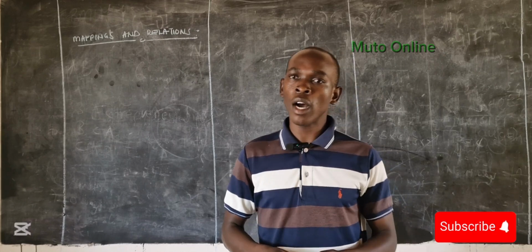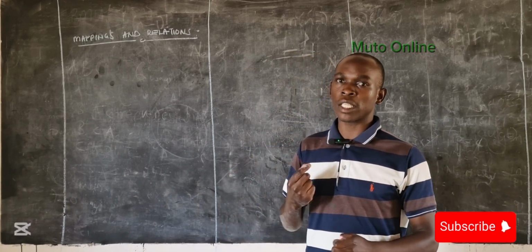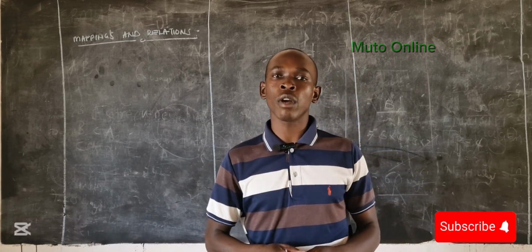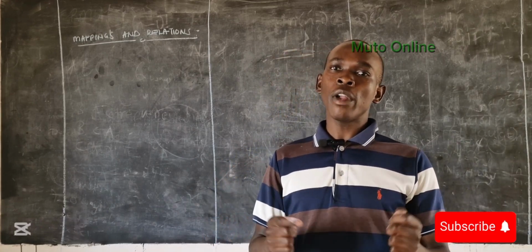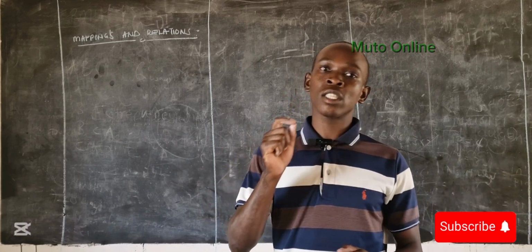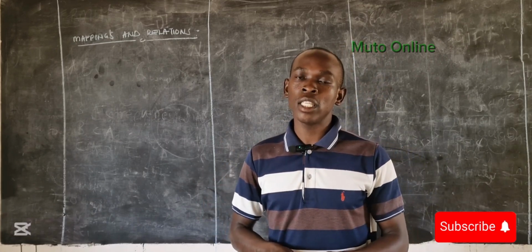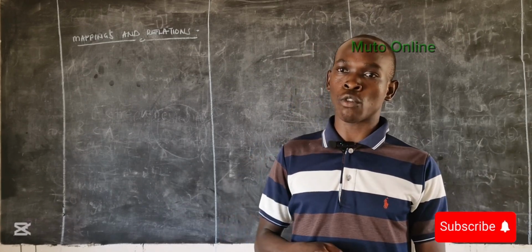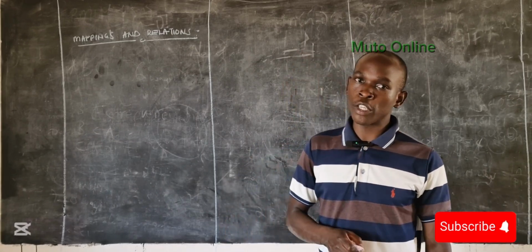But in mathematics, we represent these relations using arrow diagrams. When we use the arrow diagram and we represent set A being connected to set B, that is called a mapping. And under this, we have two important terms to note in a mapping and relations.